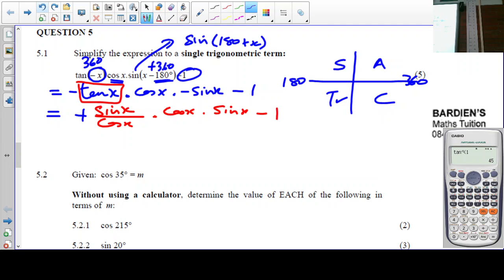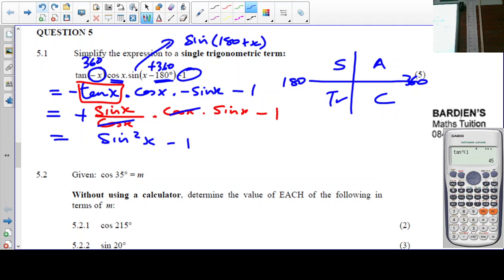Now what? Cos is cancelled. Leaves you with sine squared x. So we are left with sine squared x minus 1.